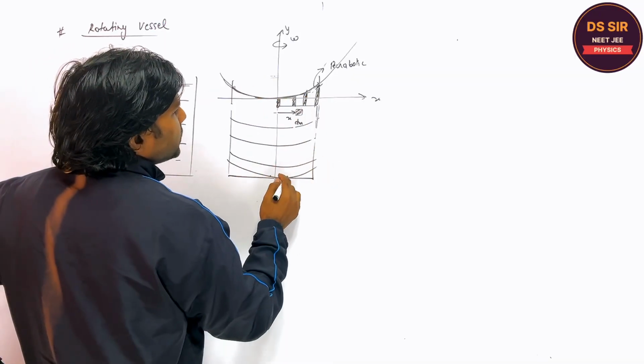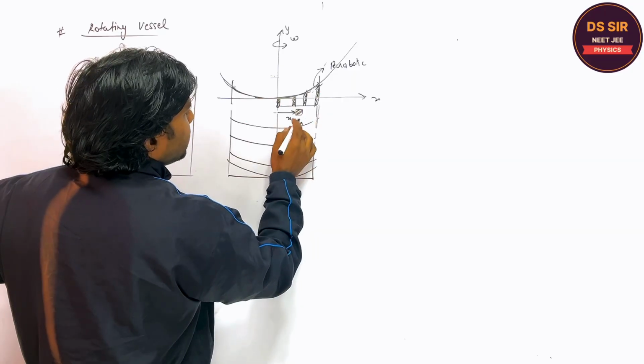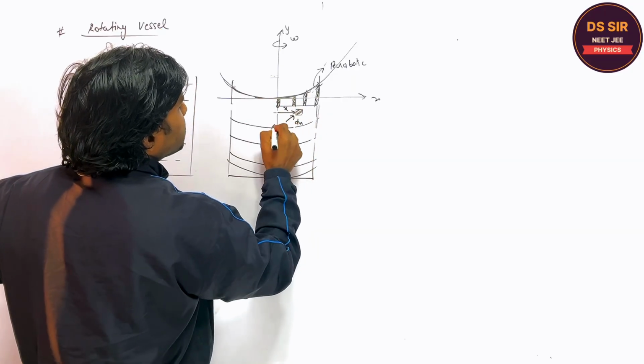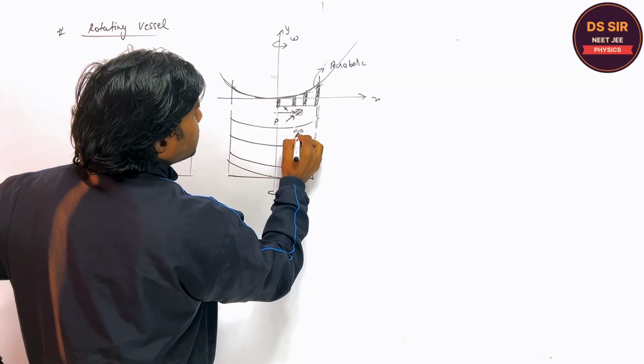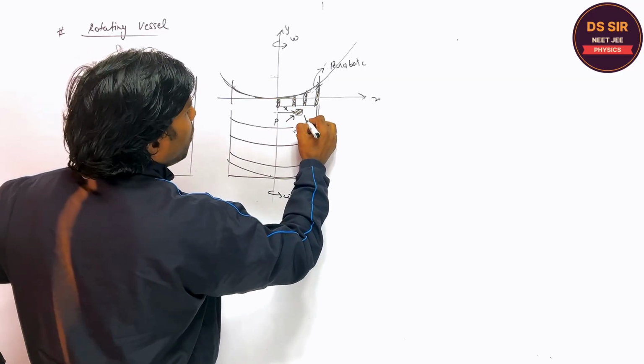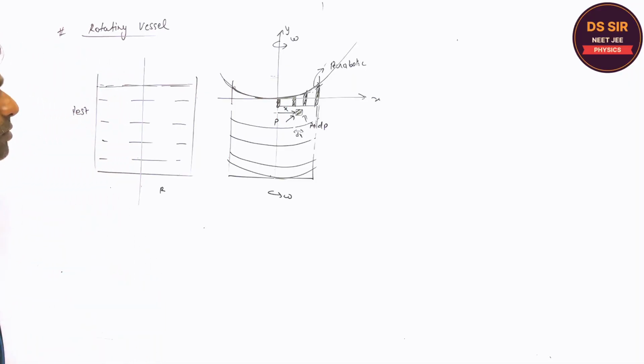As the pressure is increasing, the pressure at this side is P. After elemental distance dx, the pressure on this side becomes P plus dP. Is it clear or not?